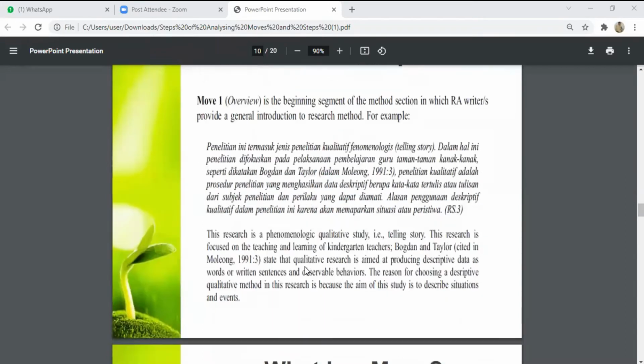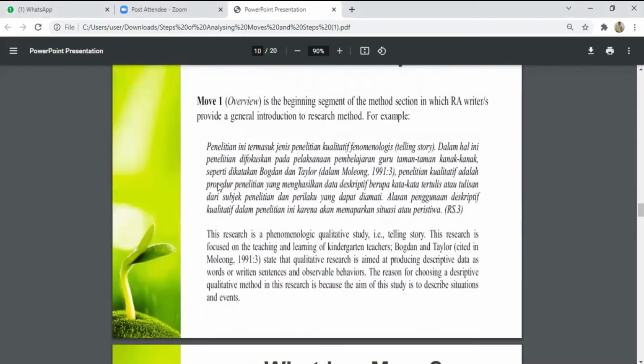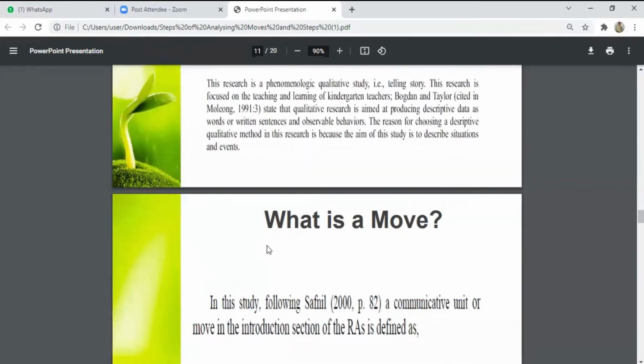Now, this is the example. Look at the second one here, which is in English. I also gave the example in Indonesian, because I analyzed the data from articles written in Indonesian.